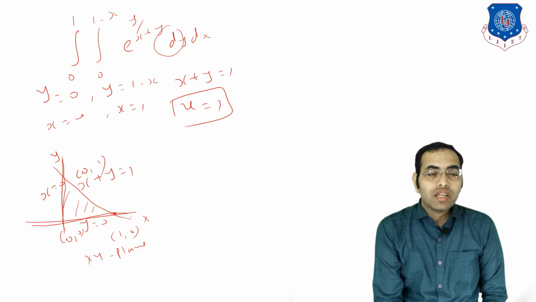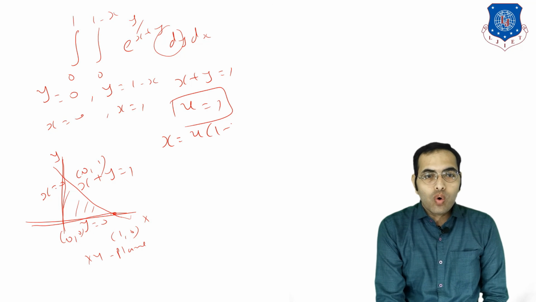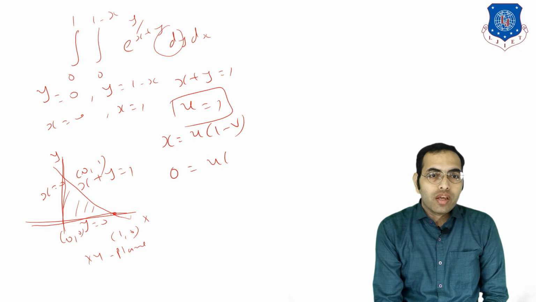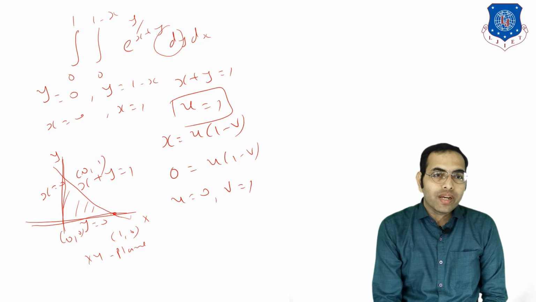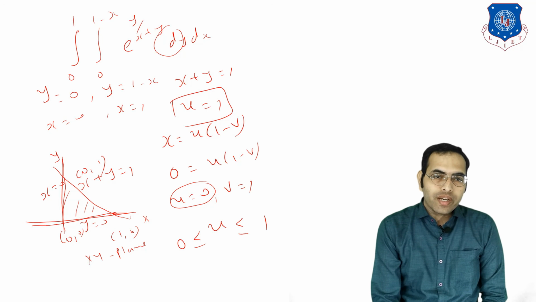Now we have the equation solved above, x equal to u(1 minus v). Substituting x equal to 0 gives u(1 minus v) equal to 0, so u equal to 0 and v equal to 1. We already found the limits: u varies from 0 to 1, and we already found v equal to 1.